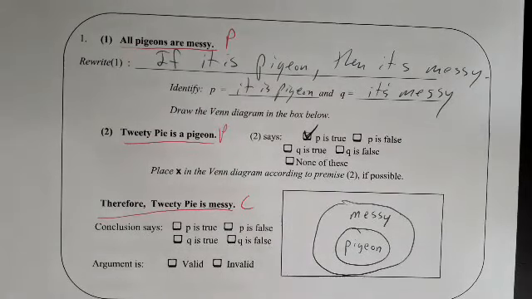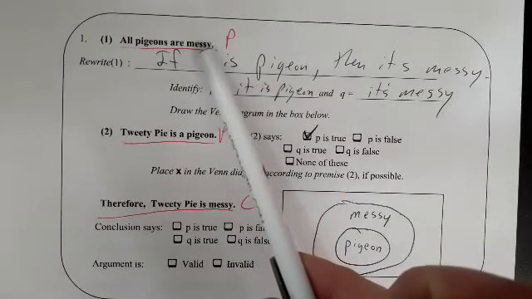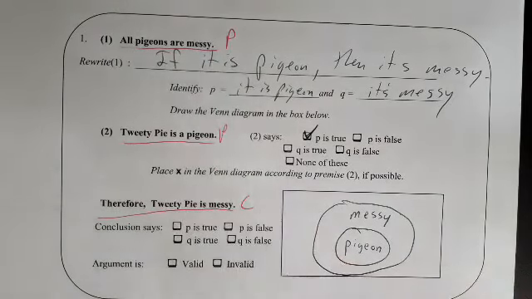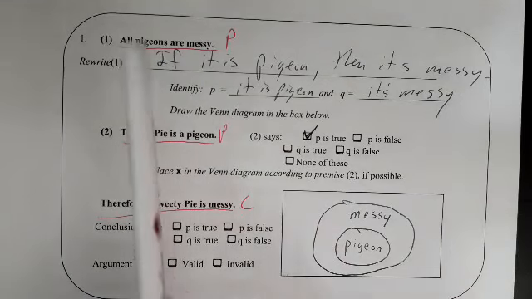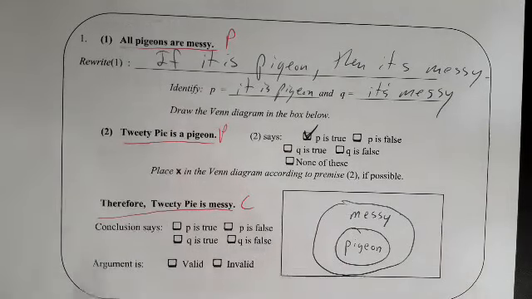And now they say Tweety Pie is a pigeon. There is something maybe I should say: this is a universal statement, right? If I say all pigeons are messy, I'm talking about the sets of things. This thing is actually telling me something exists. So this is an existential statement. So we do say things like that. This is universal. Universal statements tell me things about the sets.